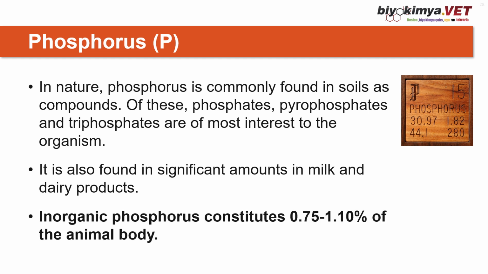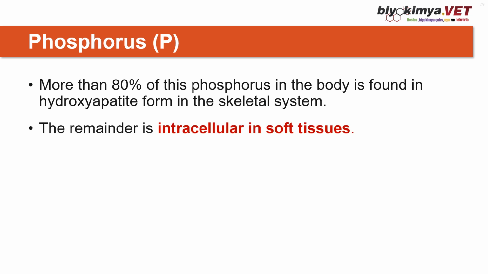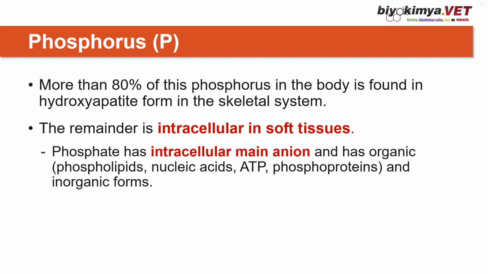Inorganic phosphorus constitutes 0.75 to 1.10% of the animal body, and more than 80% of this phosphorus in the body is found in hydroxyapatite form in the skeletal system together with calcium. And the remainder is intracellular in soft tissues. Phosphate is the main intracellular anion and has organic and inorganic forms.